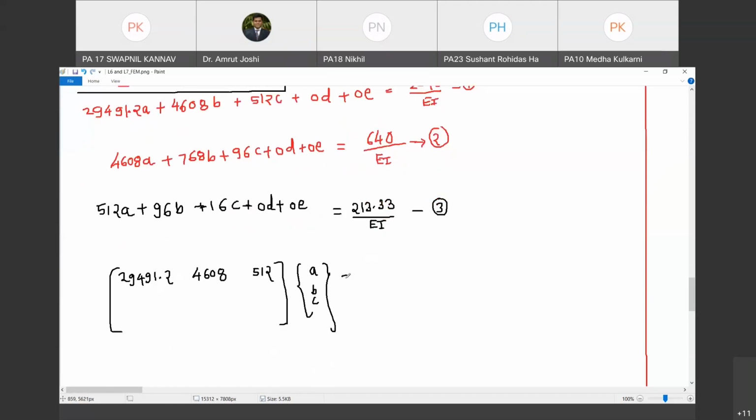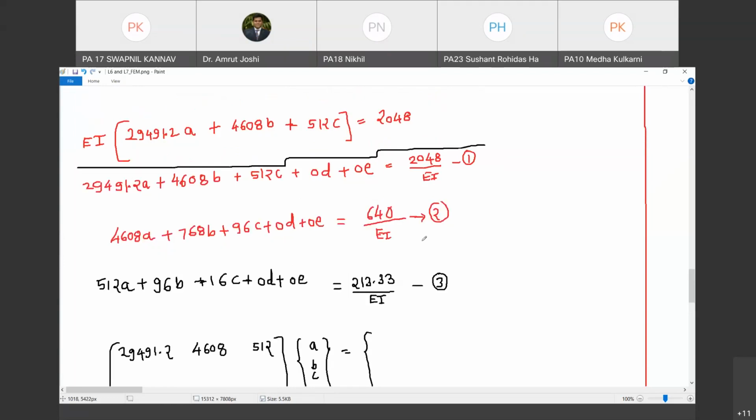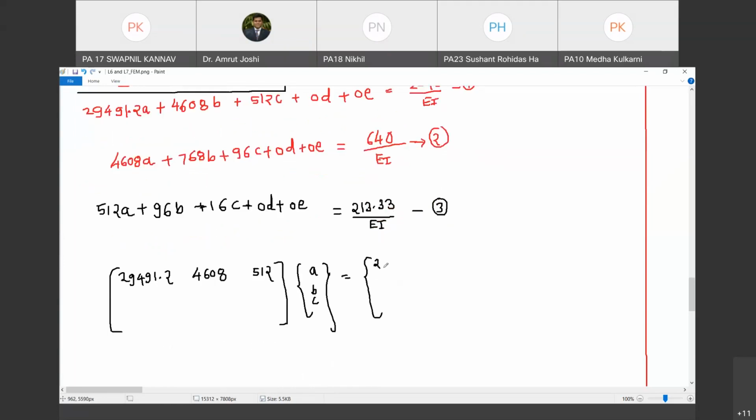So this is equal to, the first term is 2048. And each of this term is going to be devoid of EI. So I have to divide this by EI for each of these terms. What is from second equation? I get this as 4608, 768 and 96.